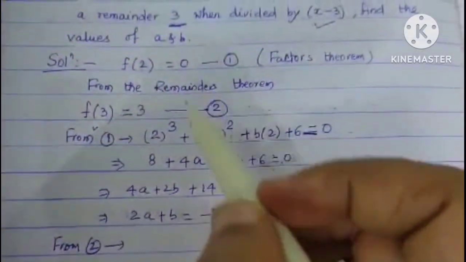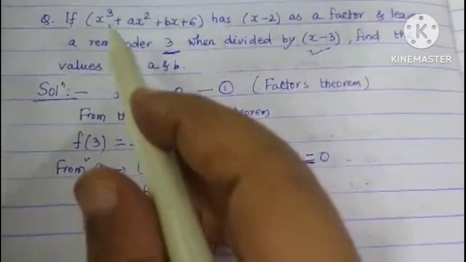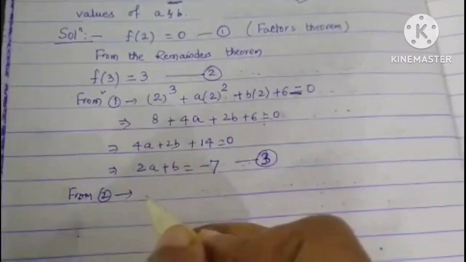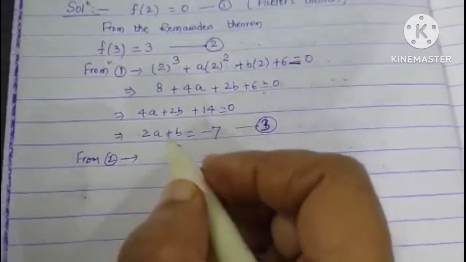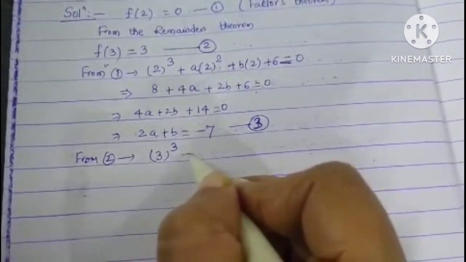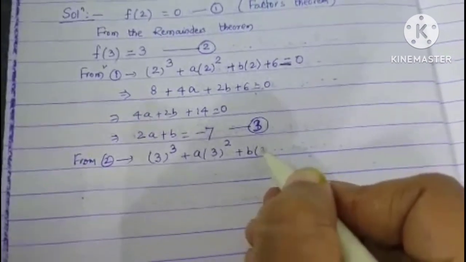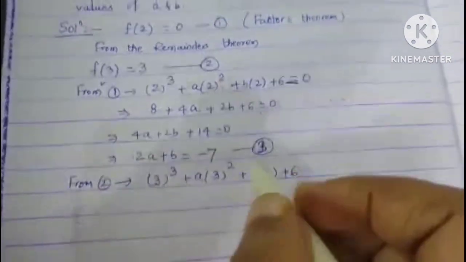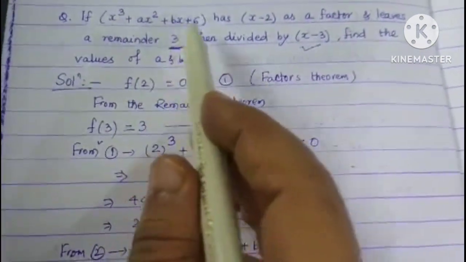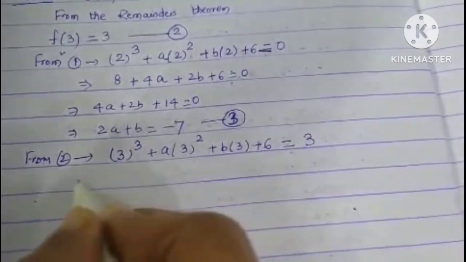Now from 2 we get f(3) equal to 3. We put the value of 3 in this equation and equate it to 3: 3 cube plus a into 3 square plus b into 3 plus 6 has to be equal to 3.